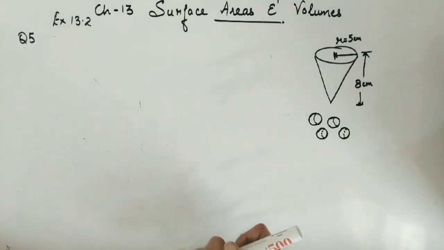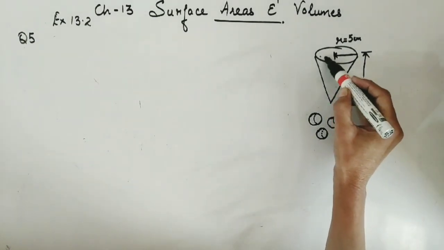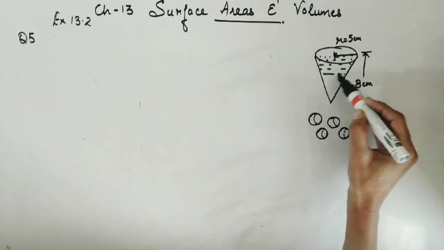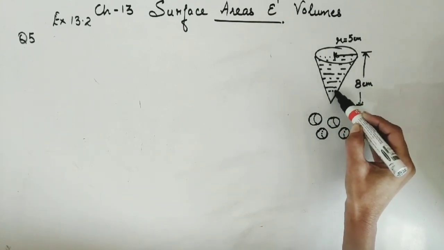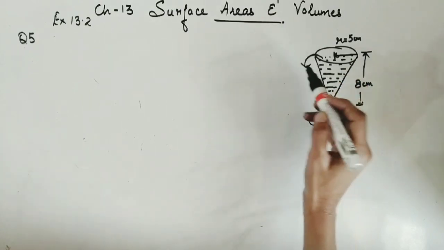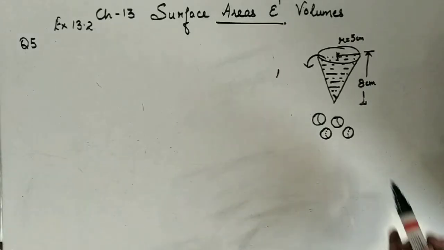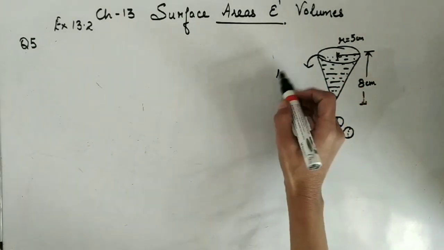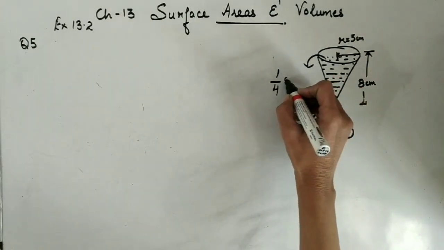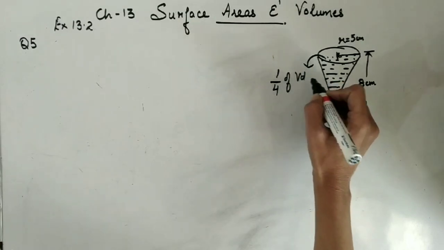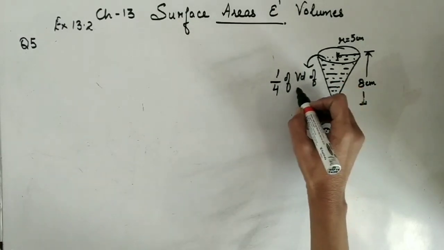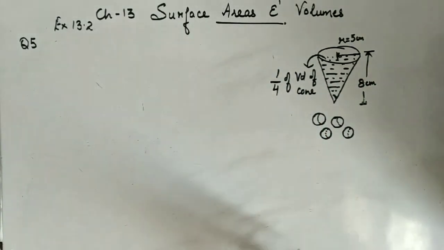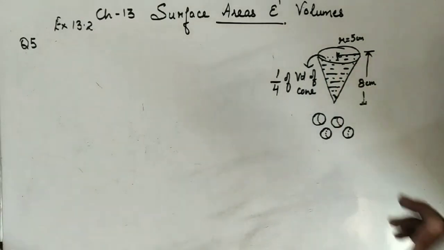When lead shots are dropped, some water inside flows out. That water is 1/4 of the volume of this conical vessel, 1/4 of the volume of water contained in it.